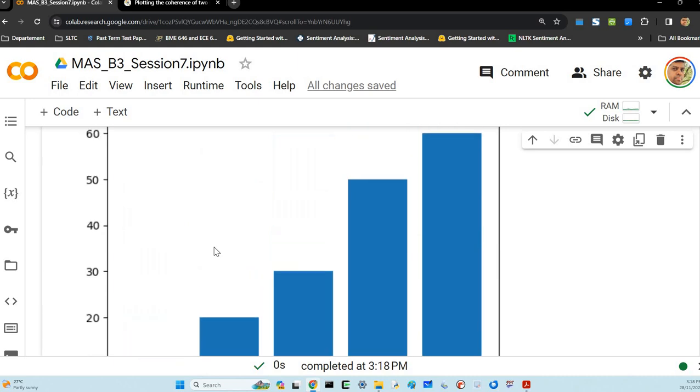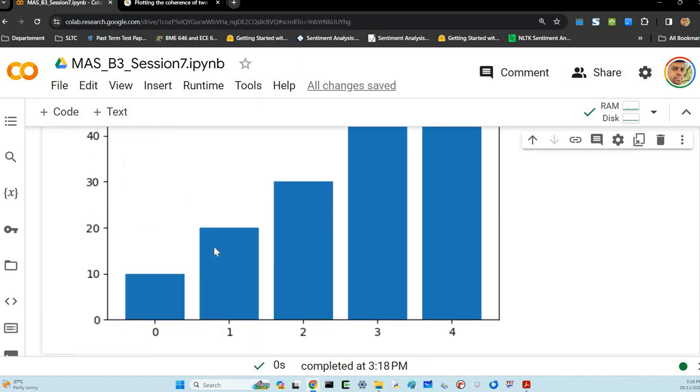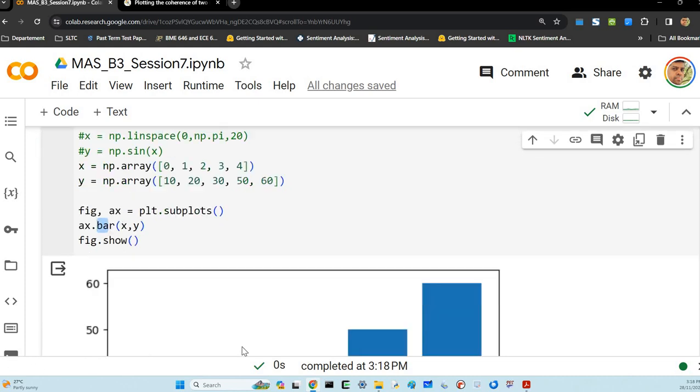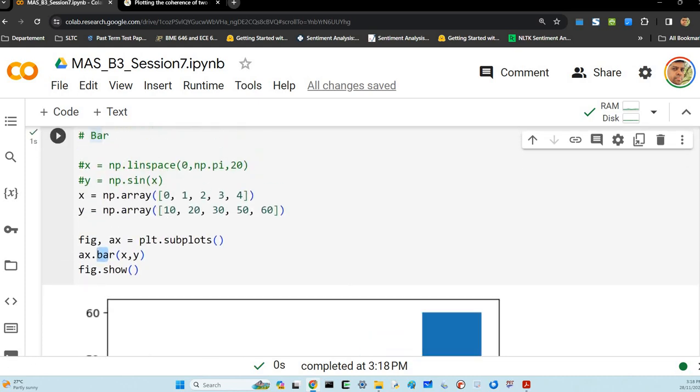You'll get a bar graph like this. So the only change from what we have discussed earlier is that instead of the plot command we use bar. By changing it, you can change the type of the graph.